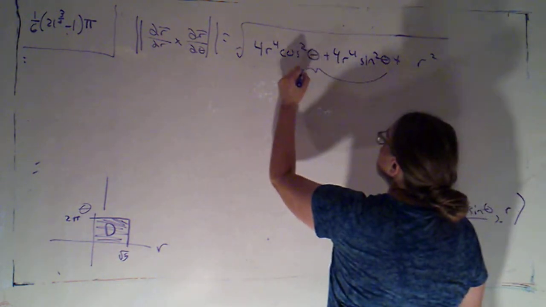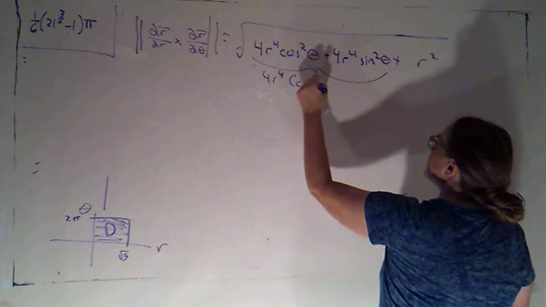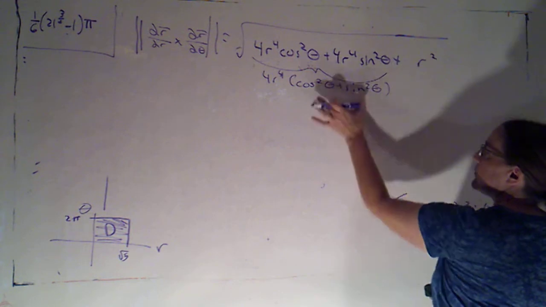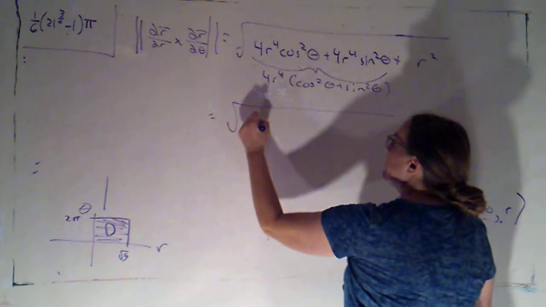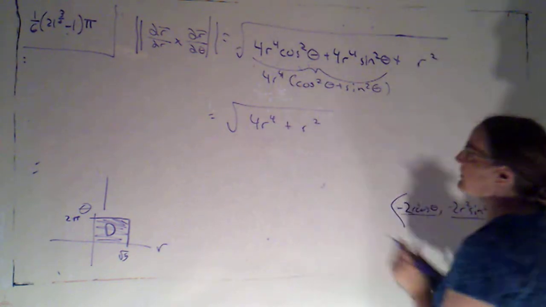Now, these two terms, that's 4r to the 4th times cosine squared theta plus sine squared theta. And of course, that's just 1. So this becomes 4r to the 4th plus r squared.